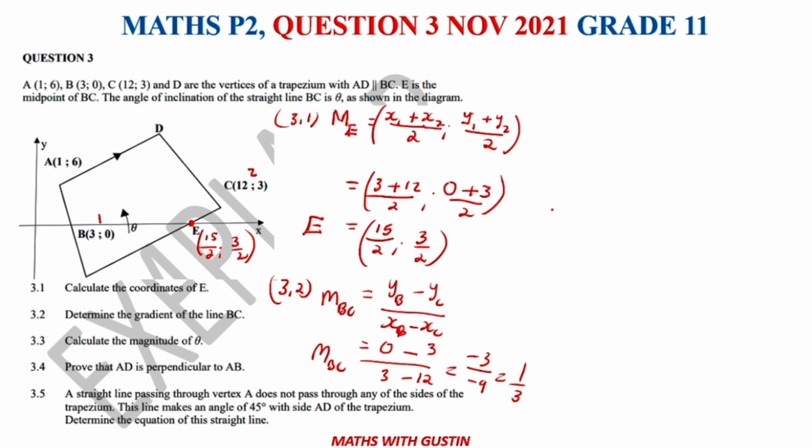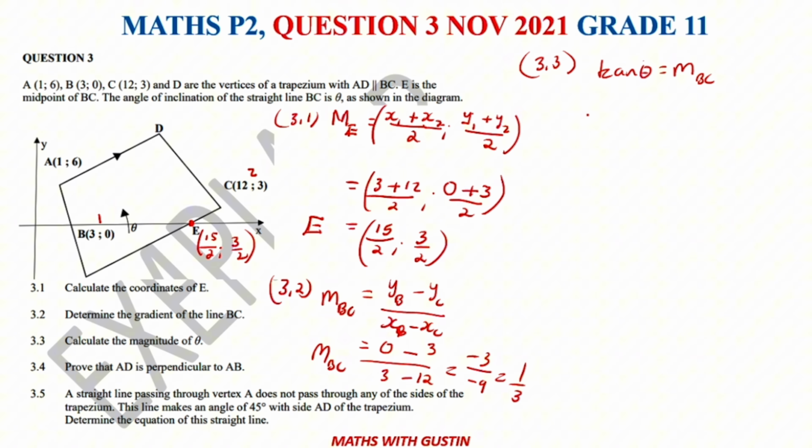So now let's move on to 3.3. It says determine the value of theta. When we read the question, they said the angle of inclination of line BC. So we know that the angle of inclination is related to tan. Tan theta is equal to the gradient, which in this case is the gradient of BC, because we are looking for theta, which is the angle of inclination that the line BC forms with the x-axis.